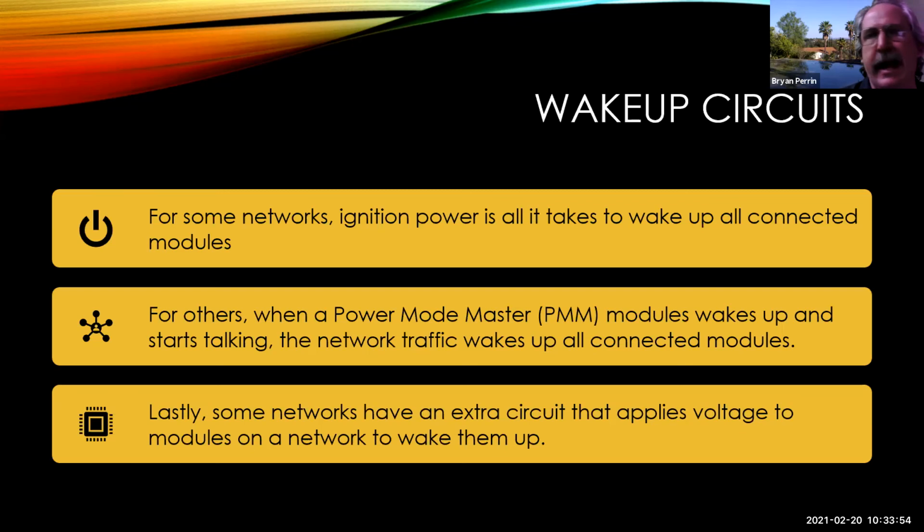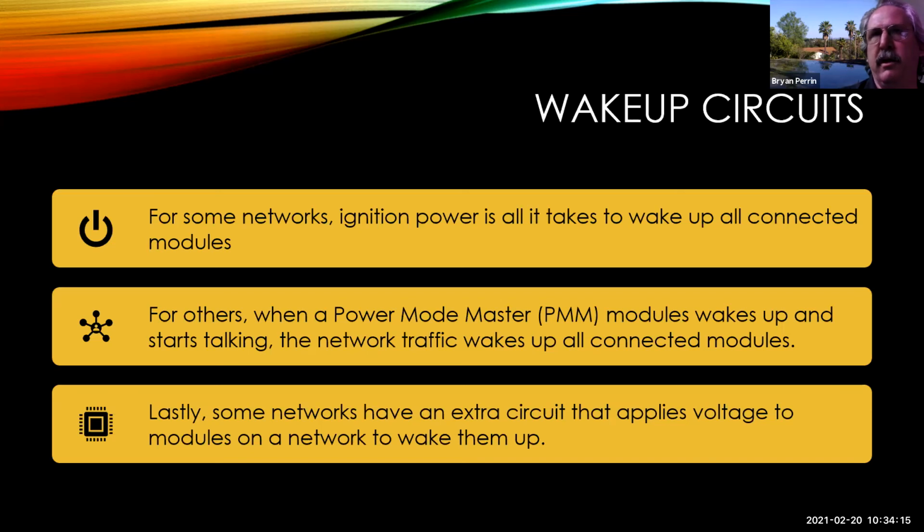Is the module bad and doesn't understand what a wake up signal is anymore, or what's going on? But yeah, that is something to keep in mind on some of these networks, especially once we get out of CAN, or at least high speed CAN that our powertrain's running on, because this is more common there. And again, you think about how frustrating it is.